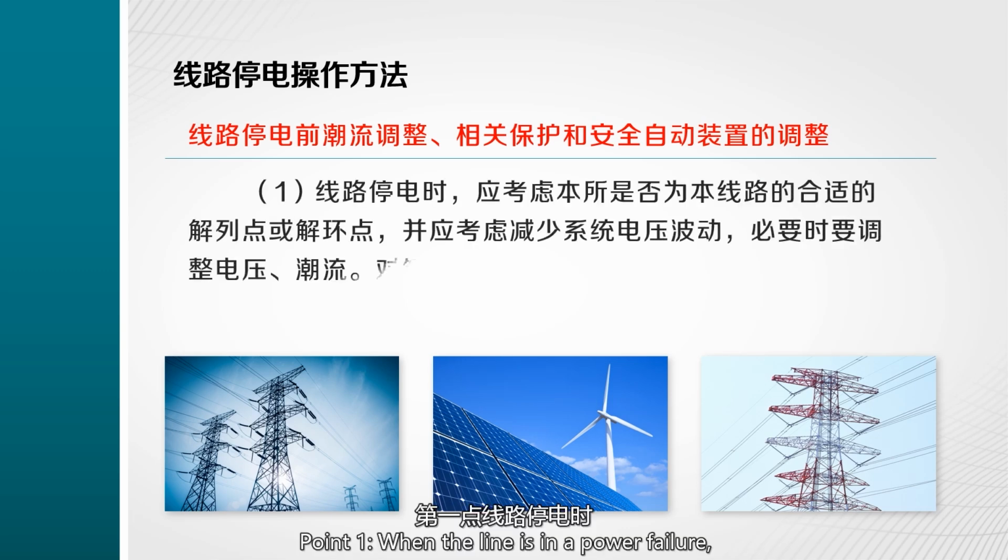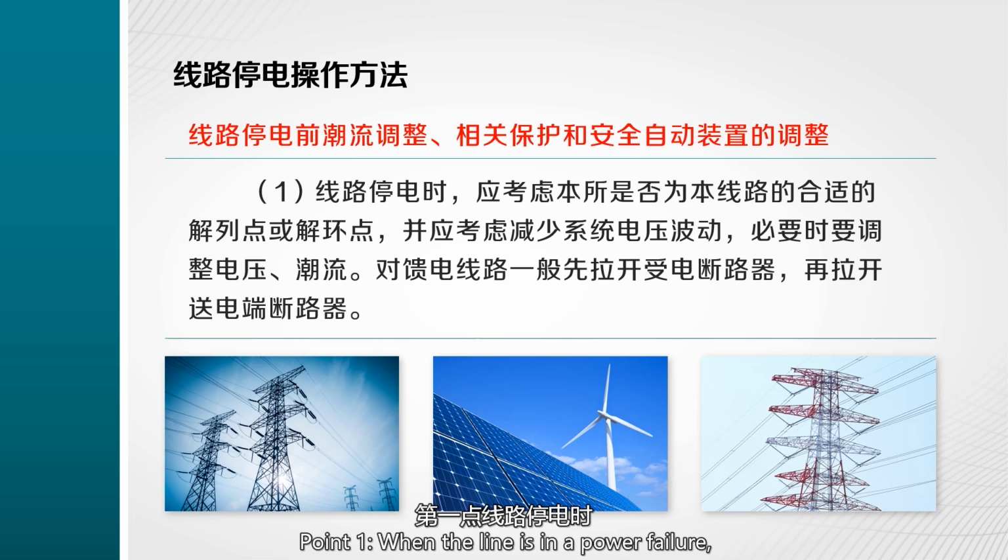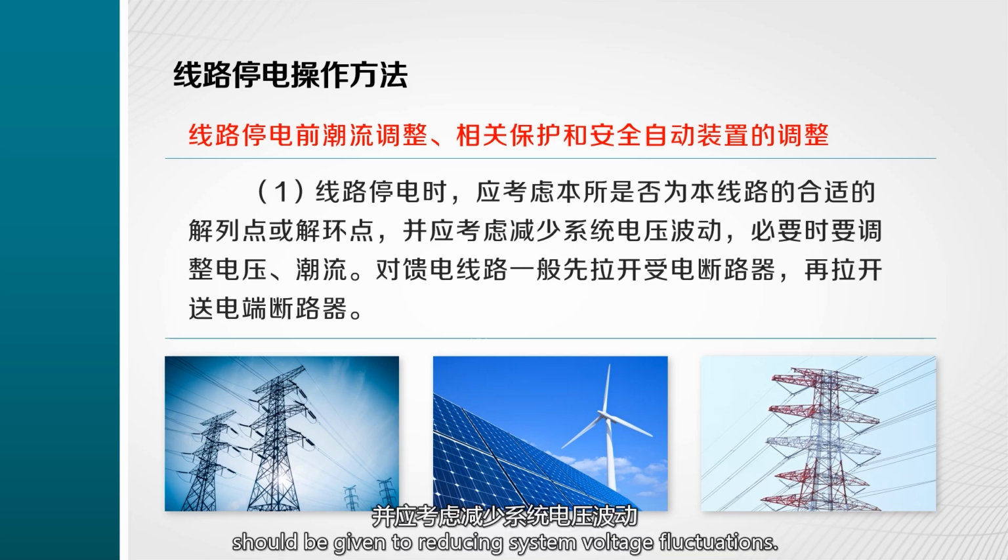When the line is in a power failure, consideration should be given to whether the station is a suitable disconnection point or decoupling point for the line, and consideration should be given to reducing system voltage fluctuations.